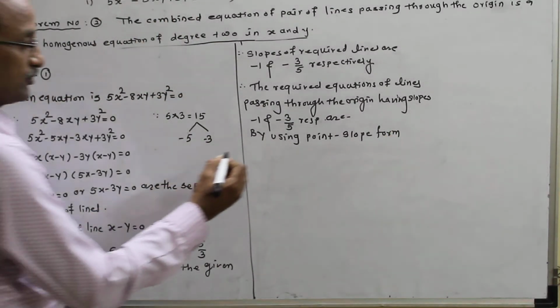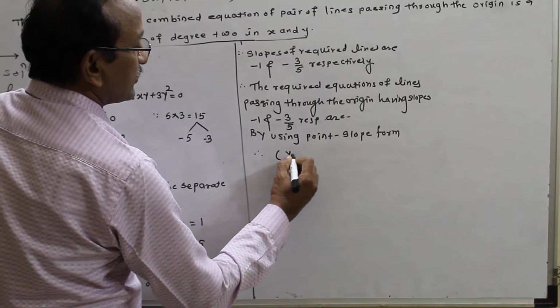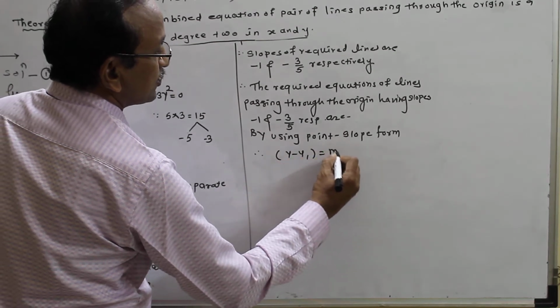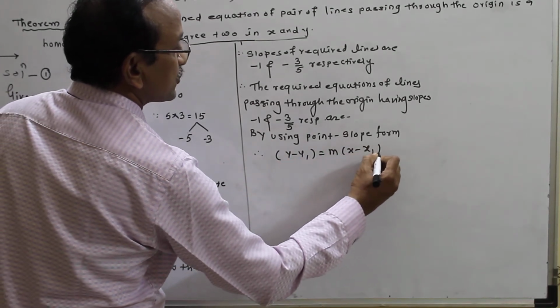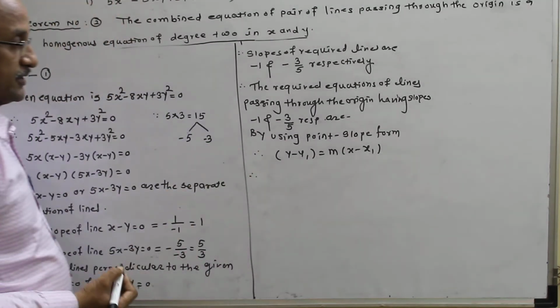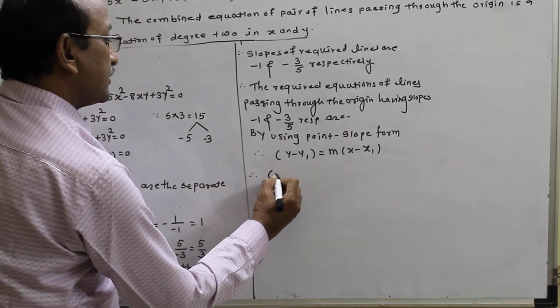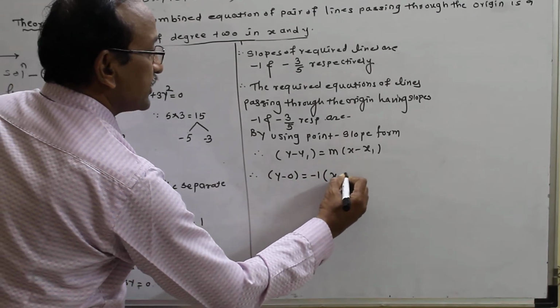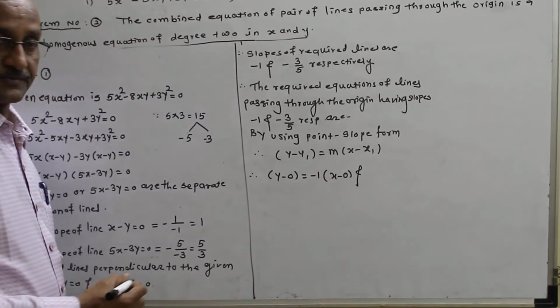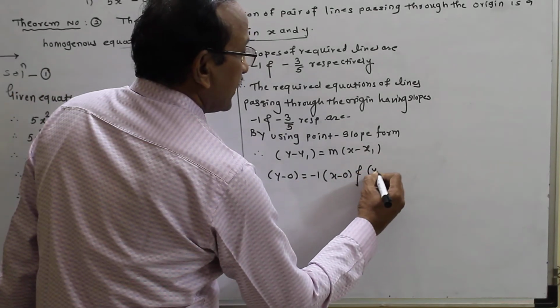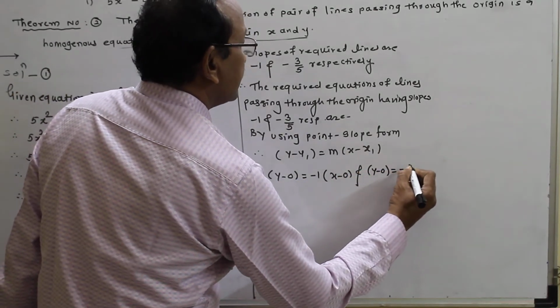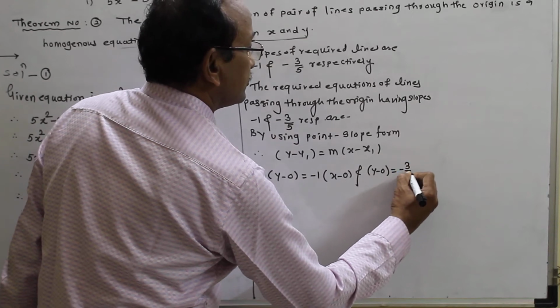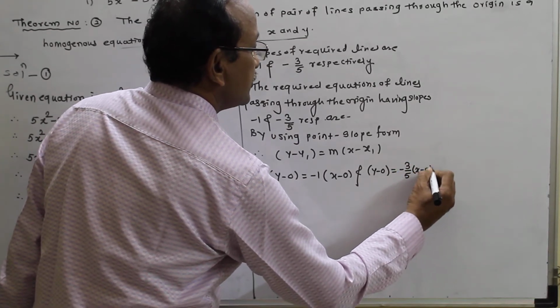So what is the point slope form? y minus y1 is equal to m into x minus x1. Here y minus 0 is equal to minus 1 into x minus 0, and y minus 0 is equal to minus 3 upon 5 into x minus 0.